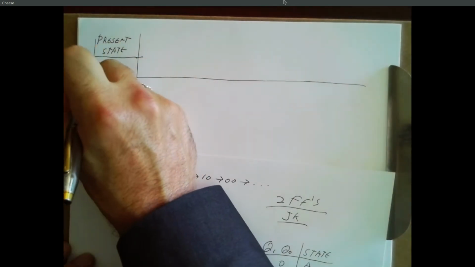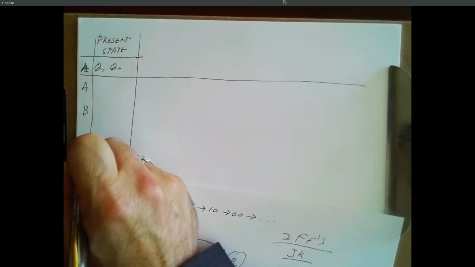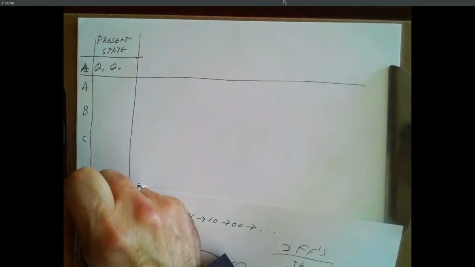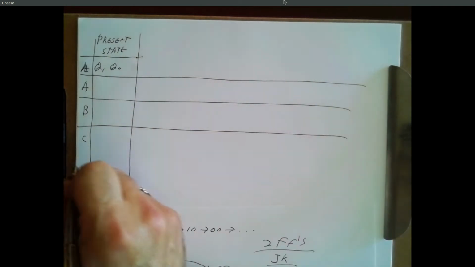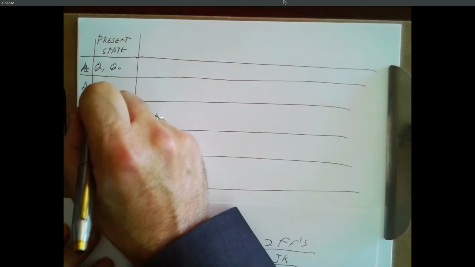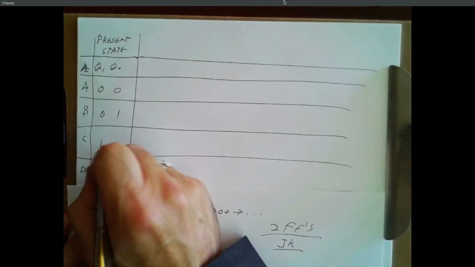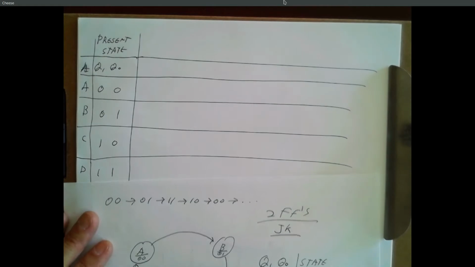And so we have 4 present states, A, B, C, and D. So state A is 0, 0, this is 0, 1, this is 1, 0, this is 1, 1.